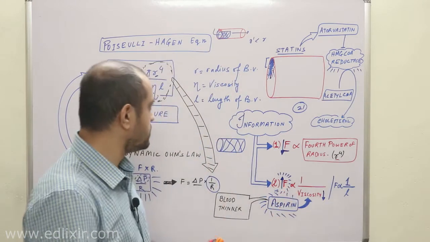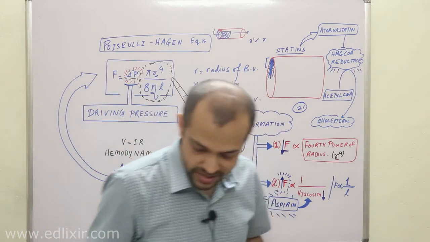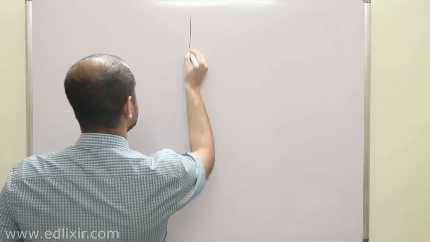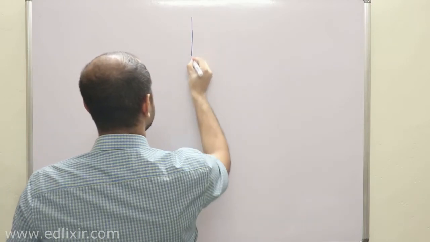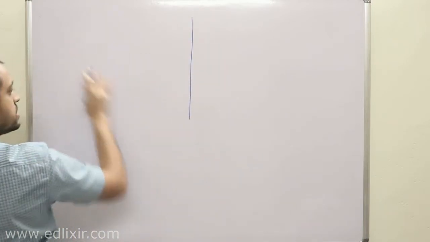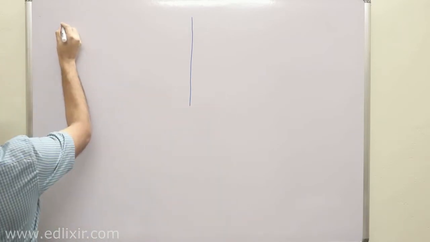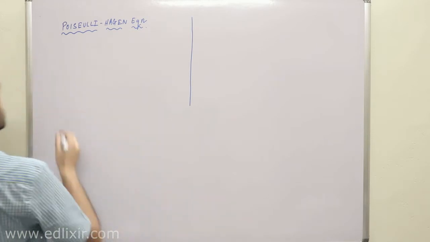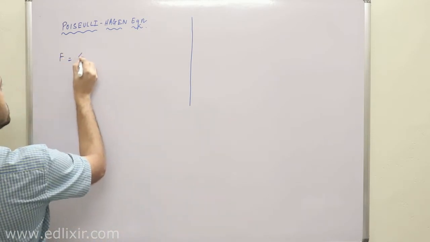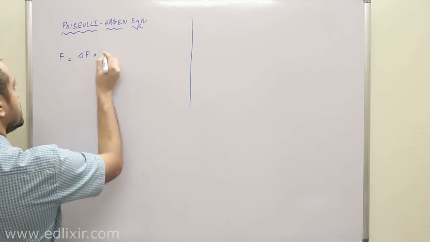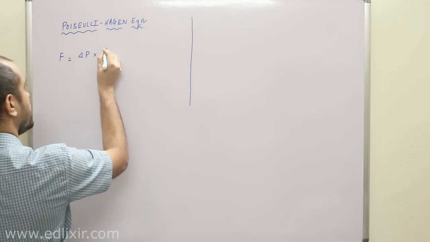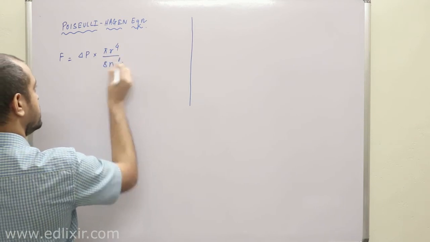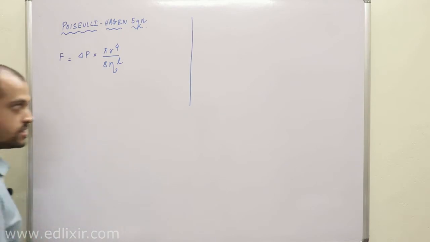Now listen, why is total peripheral resistance important? Suppose I divide the whiteboard into two parts. Here we are writing the Poiseuille-Hagen equation: F equals delta P into pi r to the power 4 divided by 8 eta L. Eta means viscosity, right?